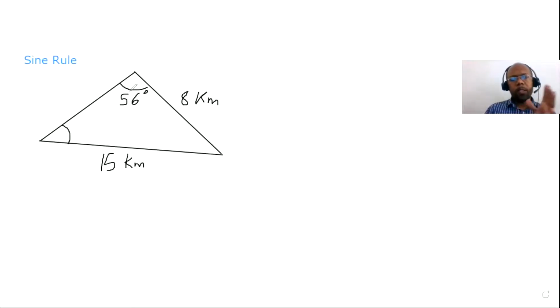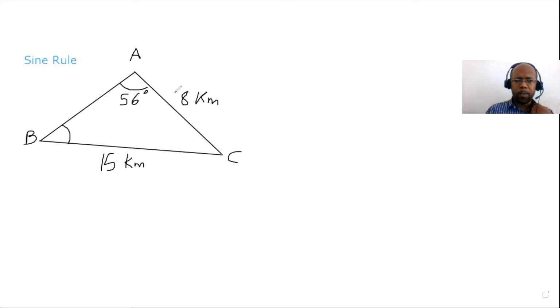So with the sine rule, look for a relationship between the angle and the side, right? So let's label A, B, C. And so we know that the angle is associated with the side.